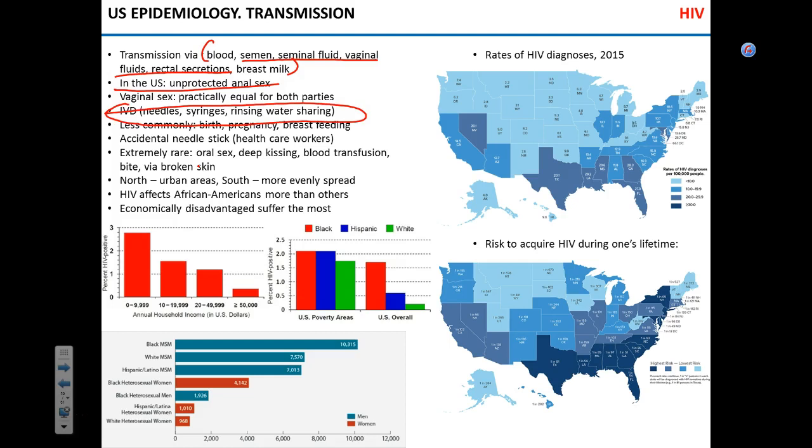There were studies showing that people who are financially limited and have to share needles to use injectable drugs sometimes rinse the needles. Virus can be transmitted if the water is not changed, for instance. Now, this route of transmission plays a minor role in the US because of the programs for distributing free needles.